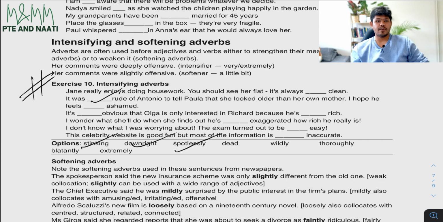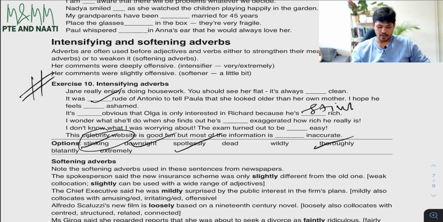I hope he feels dash ashamed, thoroughly ashamed. It's dash obvious that Olga is only interested in Richard because he's dash rich. Stinking rich. Stinking rich is the answer over here. And it's blatantly obvious. Blatantly obvious is a collocation.